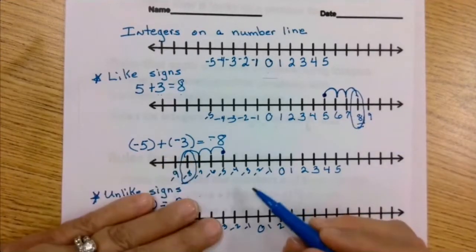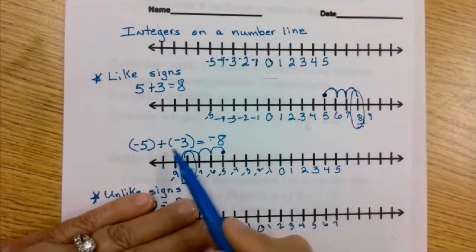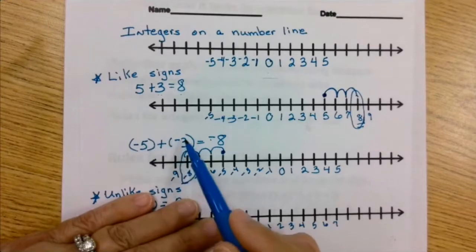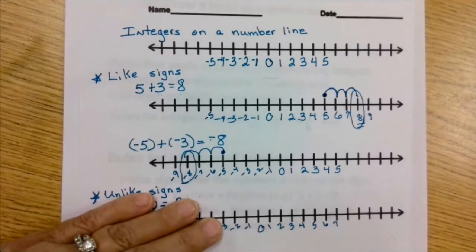If I'm adding like signs that are both negative, notice I put parentheses around my negative numbers. That is so that I don't forget that that sign is there. A lot of times you miss the sign, you don't catch it, you forget it's there. By putting parentheses around it, I make sure I know that there's a negative number in those parentheses.